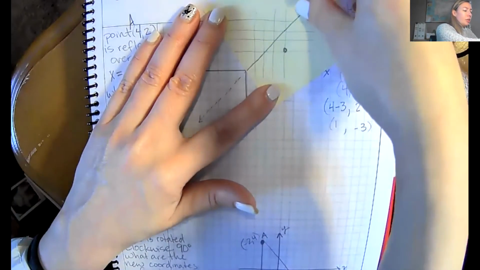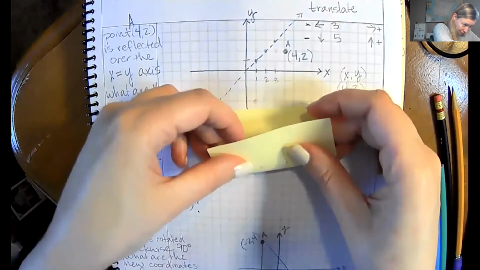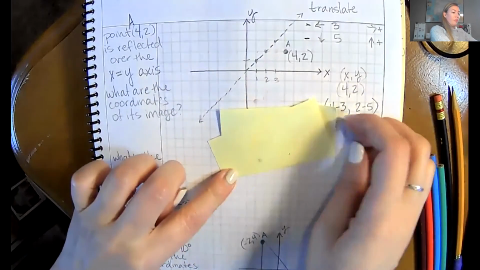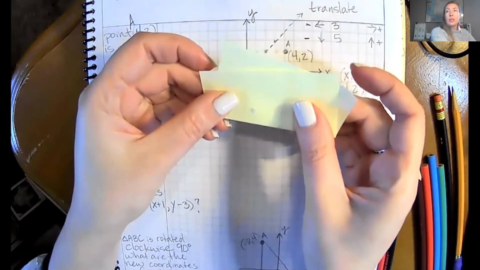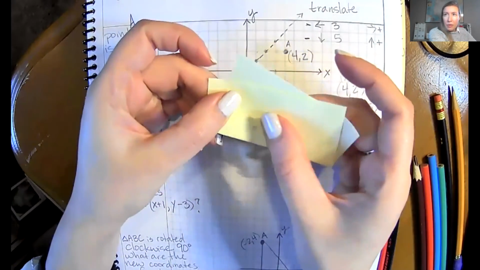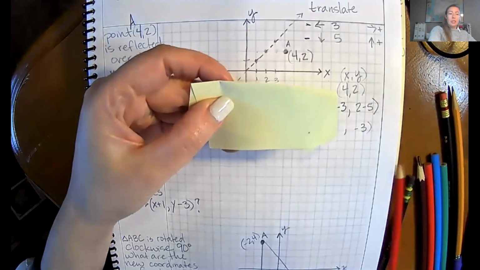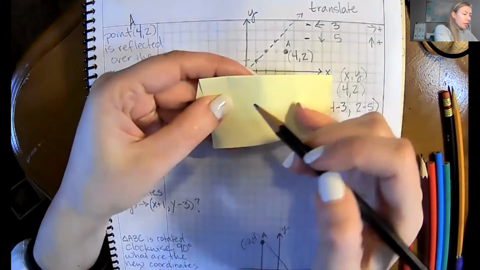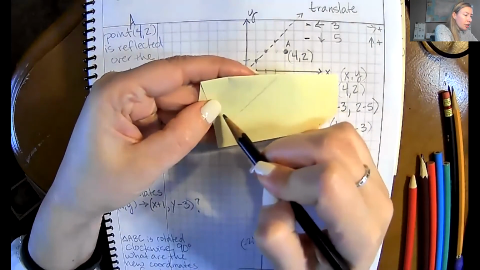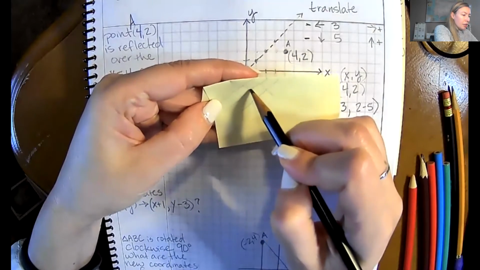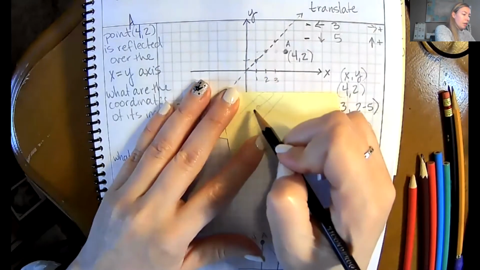So now if I fold it right on that line, let's see, can you see it? Not very well. I can see the grid a little bit on mine. So like I can see that the grids are here and here. And I can see my dot is right here.